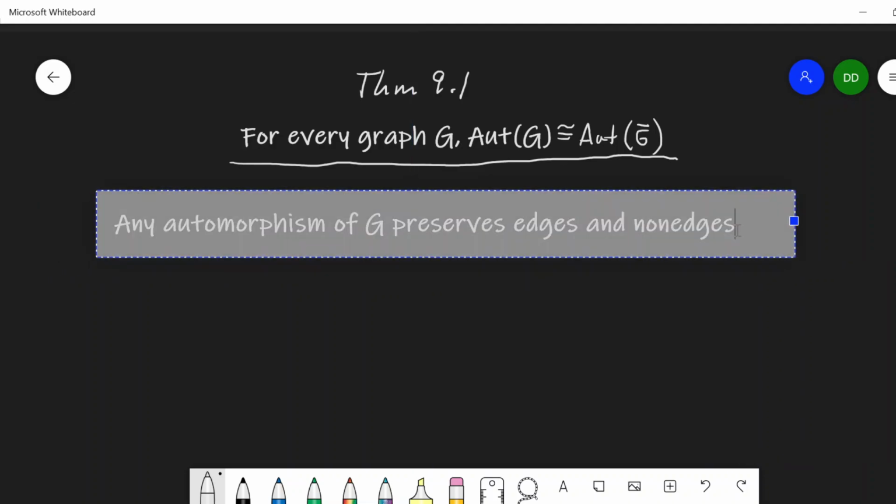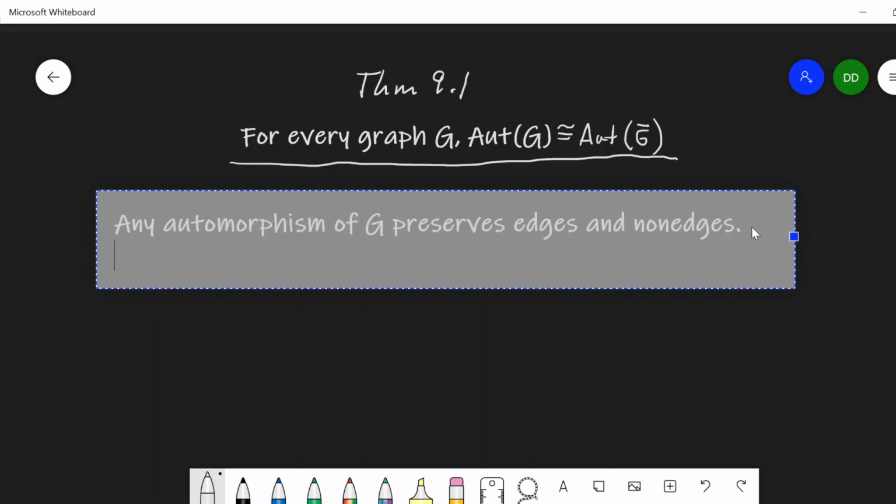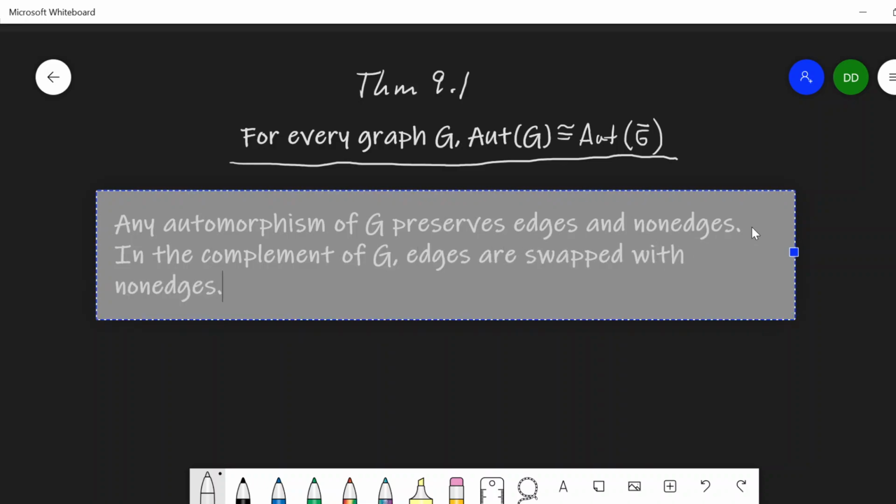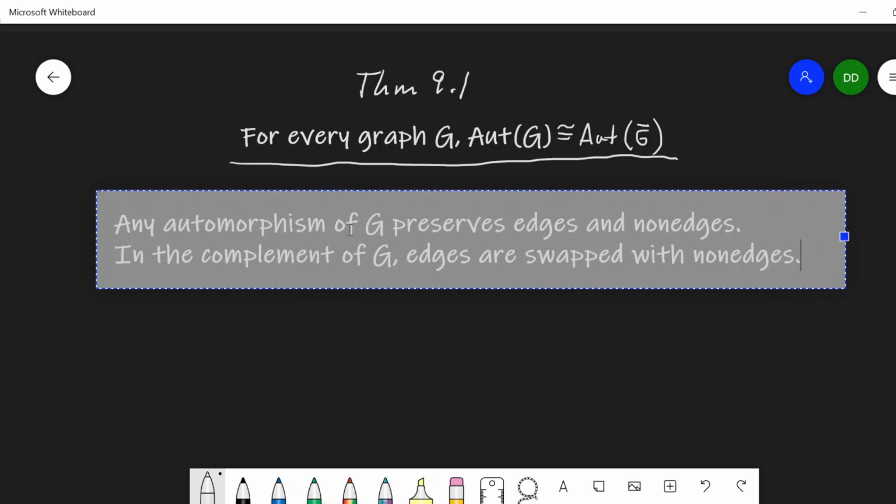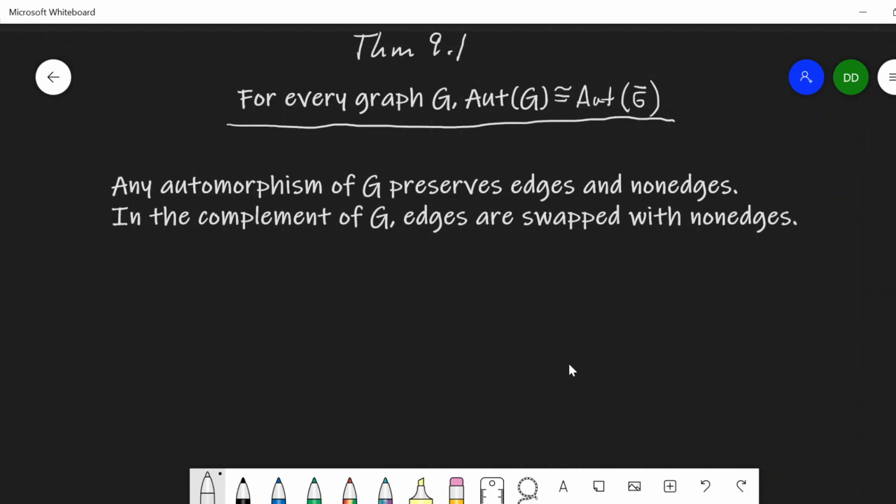So it preserves both edges and non-edges. And then note that in the complement of G, edges are swapped with non-edges. So if you have an automorphism of G that preserves edges and preserves non-edges, then it will also preserve edges and non-edges in the complement of the graph.